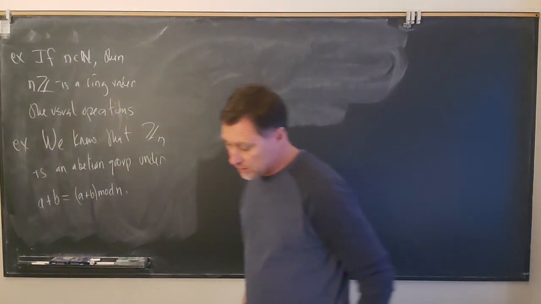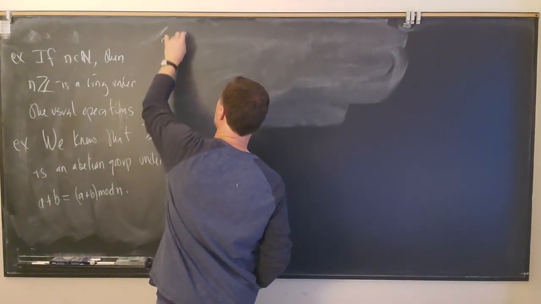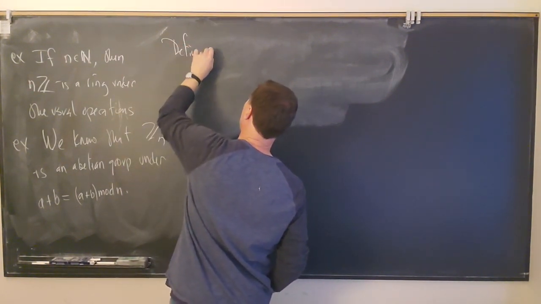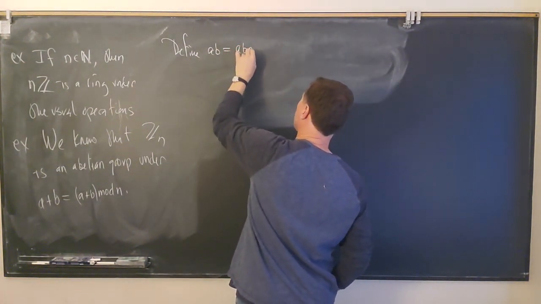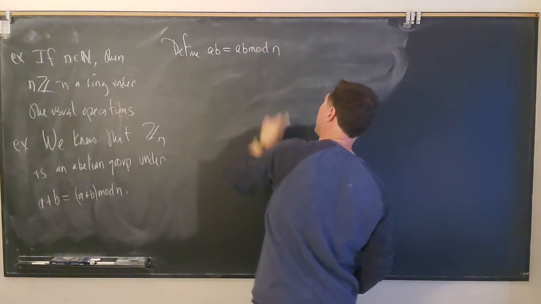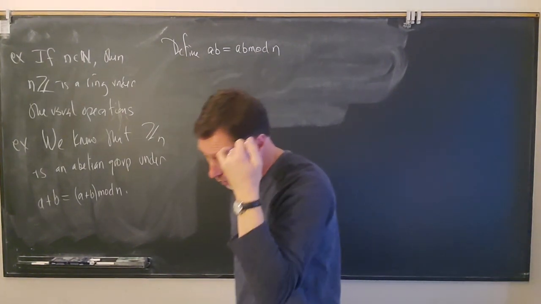Now we define a times b equal to ab mod n. Now, there's some work to do. I don't want to show it right away, but we will show it later on.